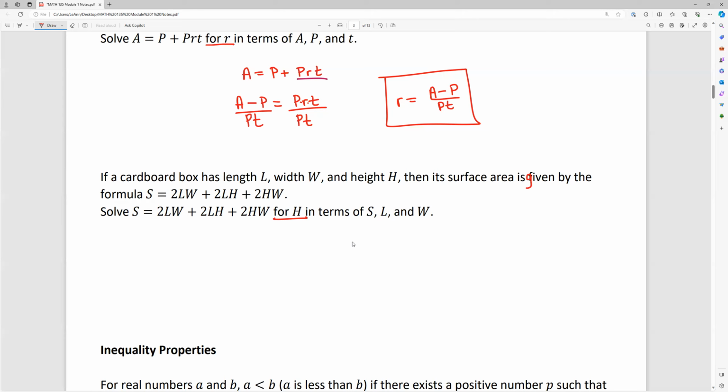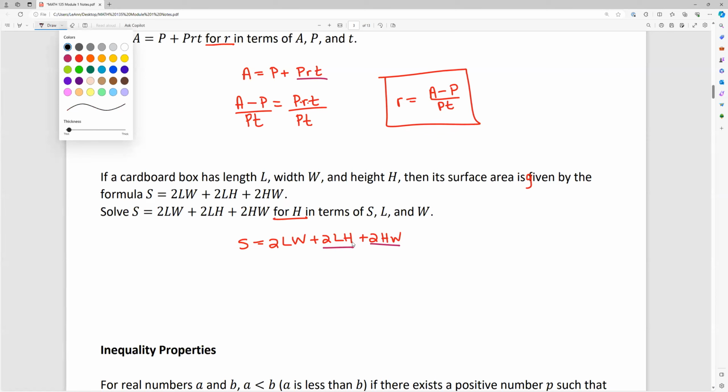H has to be a single H all by itself on one side of the equation. Why I said that's important is because you'll notice in this equation, there are 2 H's. There's one in the second term on the right side, and one in the third term on the right side. So I'm going to underline both of those. So we want to isolate both of these on one side.